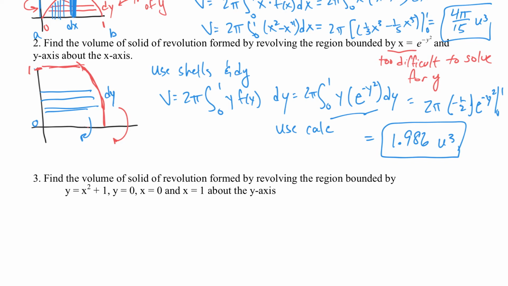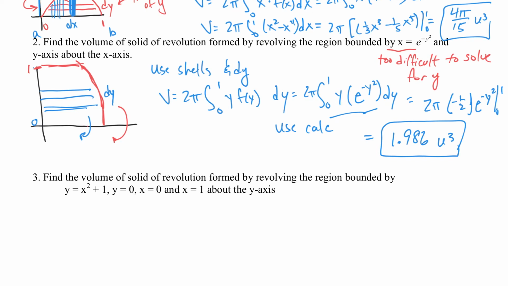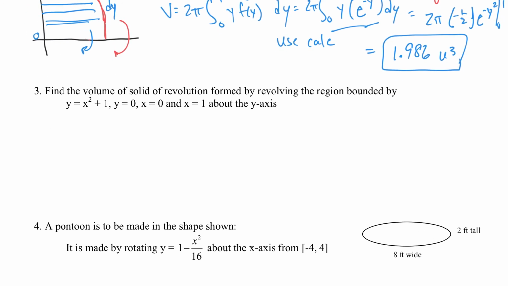All right, moving on to the next problem. It says, find the volume of the solid of revolution formed by revolving the region bounded by y equals x squared plus 1, y equals 0, x equals 0, and x equals 1 about the y-axis. So let's go ahead and graph this situation like we always do. We'll start off with our graph.